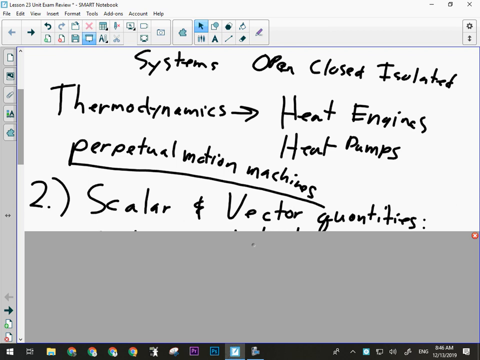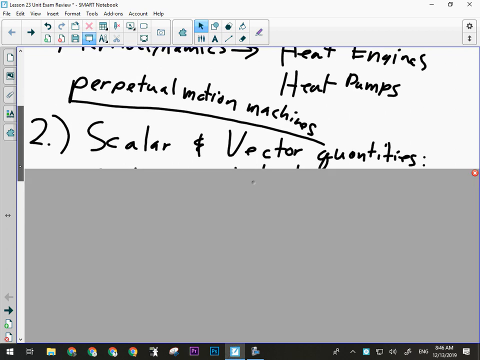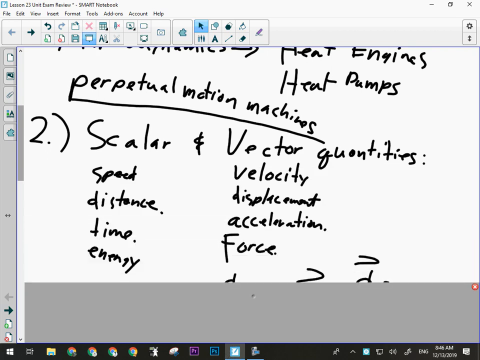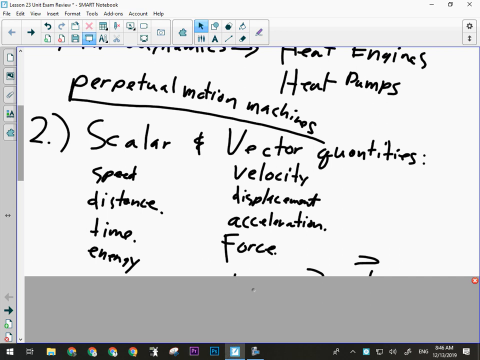We didn't list all the scalar ones. Work and energy are also scalar. Force is another vector one, but we're not going to do one with force. It's just part of work energy theory, but understand that work and energy are also scalar. So there's our list of our vector quantities as well as our scalar quantities.